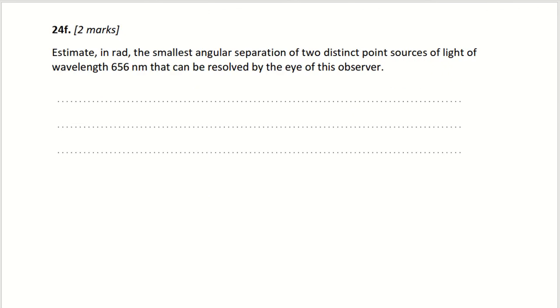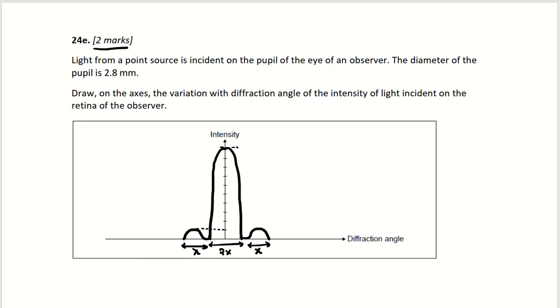Estimate in radians the smallest angular separation of two distinct points of light of this wavelength that can be resolved by the eye of this observer. So the eye of this observer has an aperture of 2.8 millimeters.